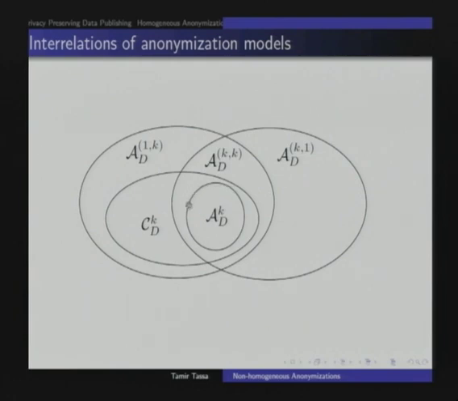This is the set of all possible k-anonymizations of a given database D. This is the set of all possible k-concealments of the same database D. You see that this circle is wider than this, namely, if you look for the optimal k-concealment, you may find one with lower information losses than if you restrict your search to this domain.